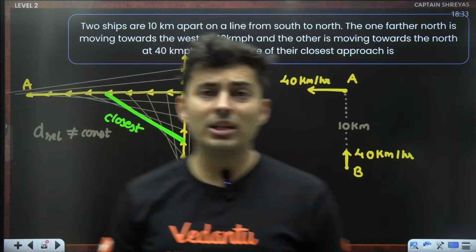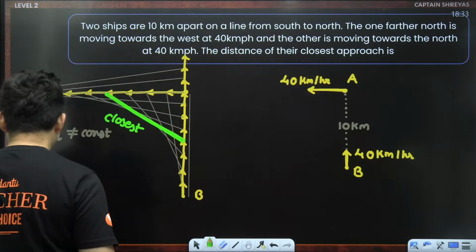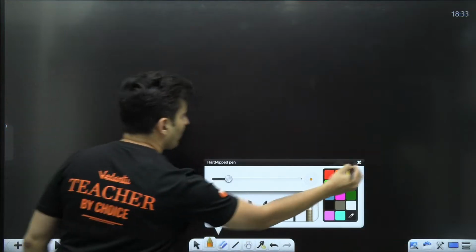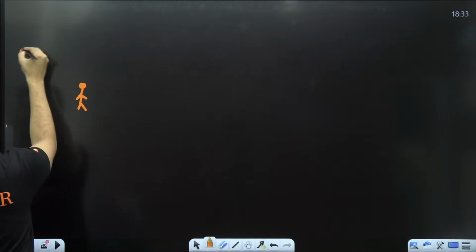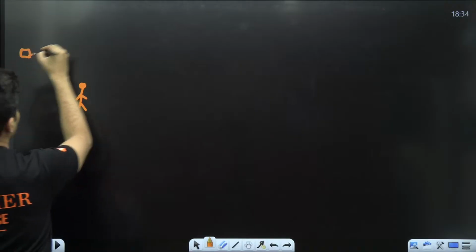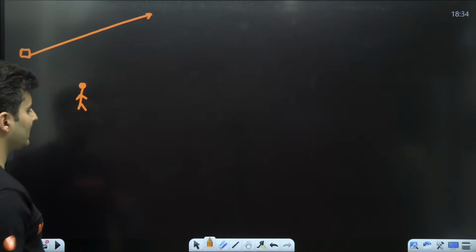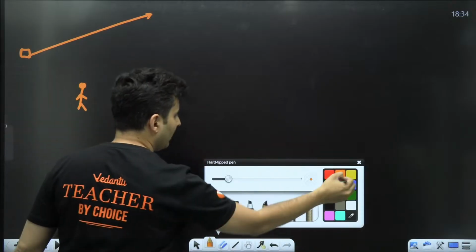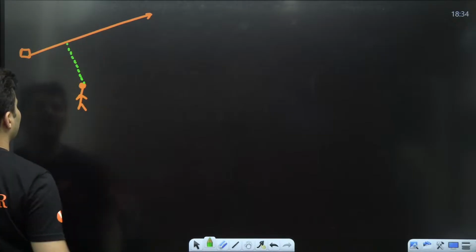Now, how do you do these kind of questions? The logic for them is, see, if there was a Pandu and there was a bus which is going like this, then the closest distance between the bus and the Pandu will be obtained by drawing a perpendicular on the path of the bus.